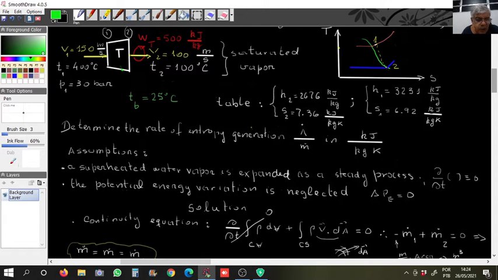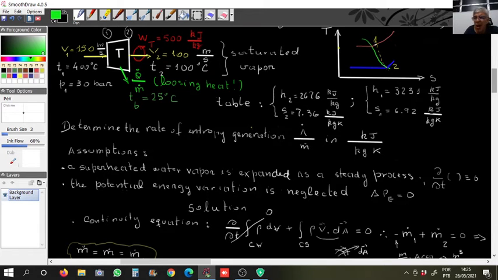It is losing heat here. I'll put it over here. See? This is Q dot divided by M dot. The fluid is losing heat.